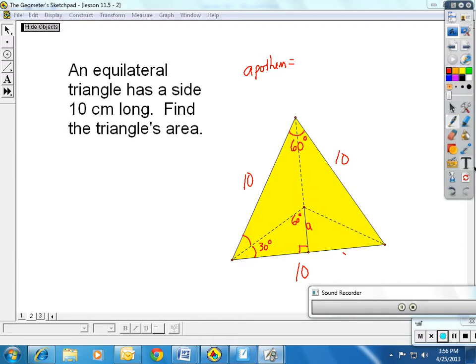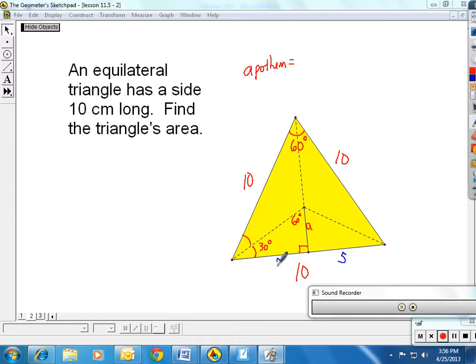Let me use a different color. This is going to be 5. This is my long leg. 5 is my long leg. So how do I go from long leg to short leg? 5 root 3 divided by 3 is my short leg. So my apothem is 5 root 3 over 3.